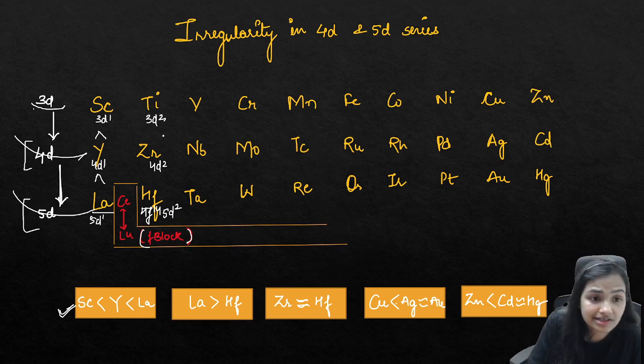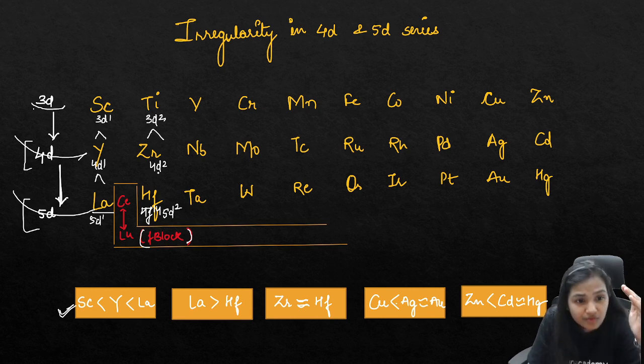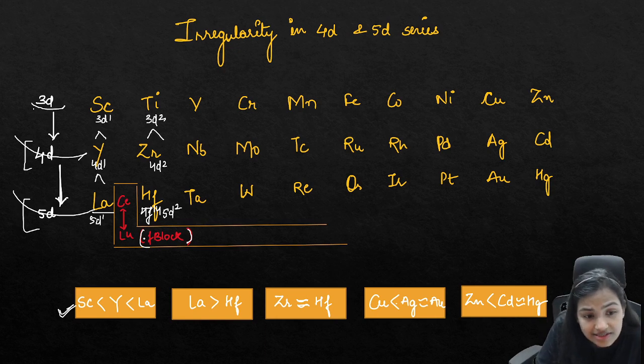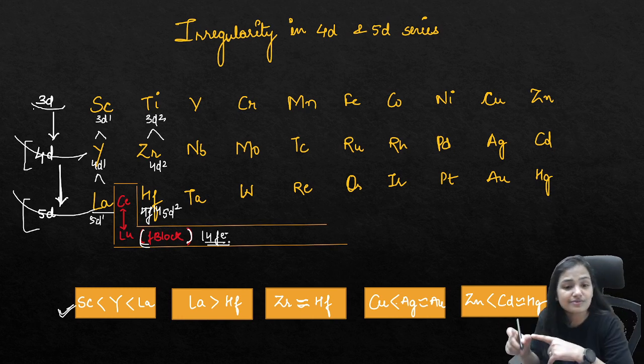So what happens there is, as we are moving from titanium to zirconium, there was no disturbance. So yes, of course, from titanium to zirconium, the size has to increase. But as we move from zirconium to hafnium, before hafnium there are 14 F block elements. We do have 14 f electrons. And what will these 14 f electrons do?